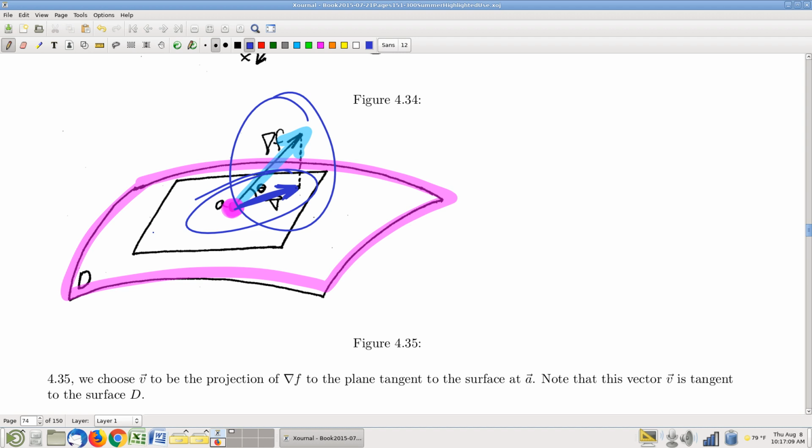And as before, if the function is actually increasing as I move in that direction, then there's no way that this could possibly be a max. And that's the argument. That's our elimination argument. Like in the interior case, this is going to allow us to eliminate the vast majority of points in our domain. Algebraically how we do that, we'll get to that momentarily. Does everybody see the strategy?